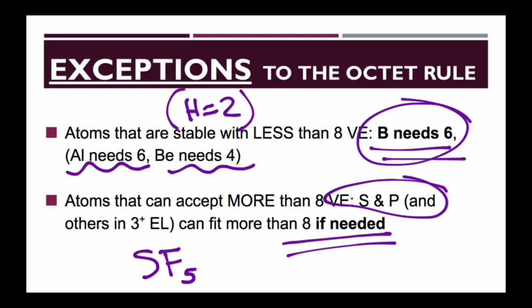If sulfur has 5 fluorines bonded to it, then it's going to have more than 8 electrons just from those bonds there. So these things can happen. This isn't really our focus here in honors chemistry in kind of year 1 chemistry. If you take AP chemistry with me or anywhere college chemistry, then you'll get into more of those exceptions and special cases. But just be aware that it can happen.